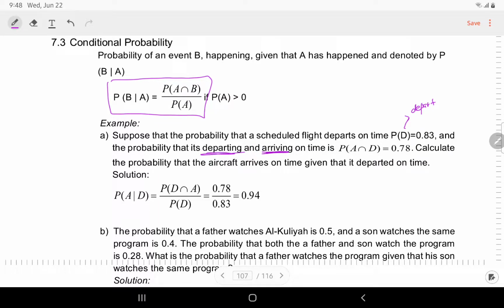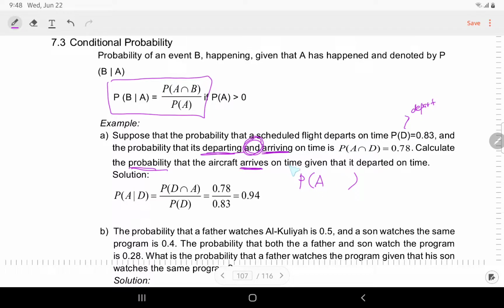Okay. So 0.78 ni adalah probability of arrival and depart. Ada perkataan and sebab tu dia letak intersection dekat sini. Okay. So calculate the probability that the aircraft arrives on time given that it depart on time. So calculate the probability, maksudnya probability of what? Of the aircraft arrive. Arrive tadi kita letak A kan?